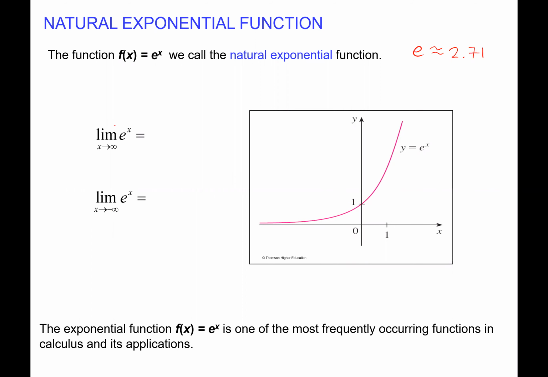Looking at the end behavior, as x goes to positive infinity, e to the x also goes to positive infinity. The function is approaching huge numbers. As x goes to negative infinity, the graph of the function is approaching the x-axis, and this is value 0. The exponential function is the most frequently occurring function in calculus, and has lots of application in nature.